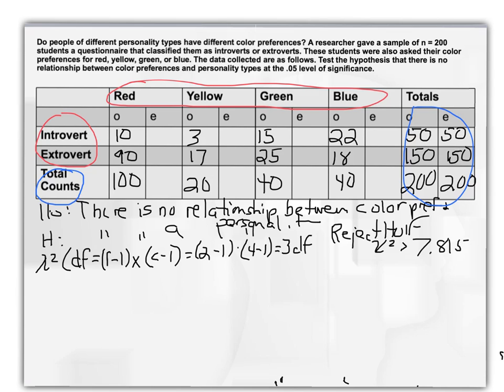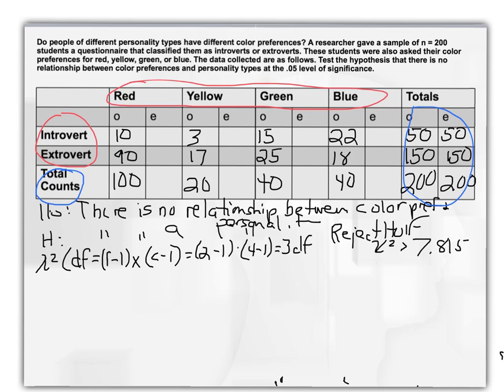And what we want to know now is, what would we expect if there were 50 introverts? What proportion of them would we expect to prefer red, yellow, green, or blue? We have to consider both categories in determining the expected frequencies.